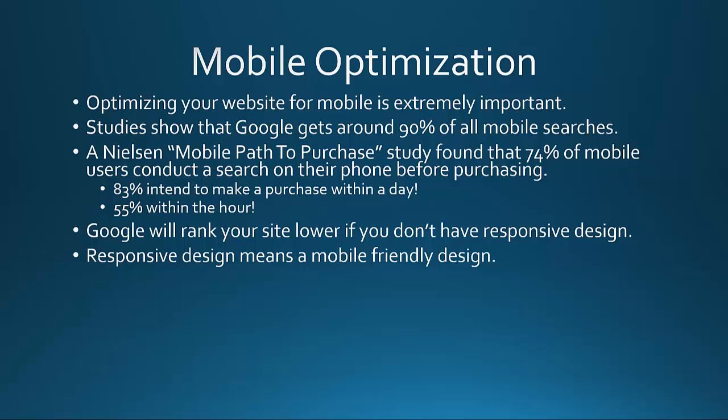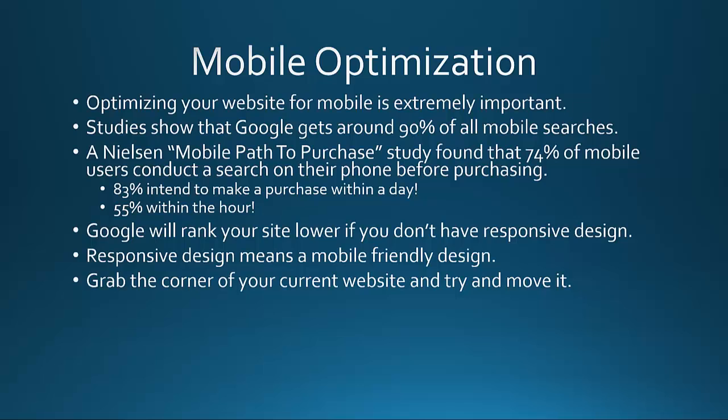It means your website looks good across all platforms, all devices, including iPads, iPhones, MacBook Pros. That gives you an idea. Grab the corner of your current website and then try to move it, and you'll actually see if your website is responsive or not. If you go up to the right hand corner, you know how you can resize a window if you're sitting on a computer right now, and you go to your website and click your mouse, you can actually see if your website is mobile responsive.